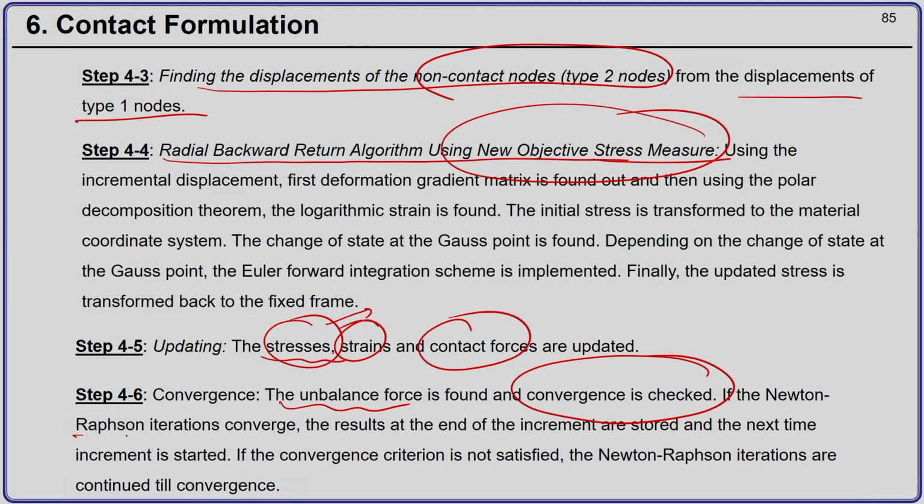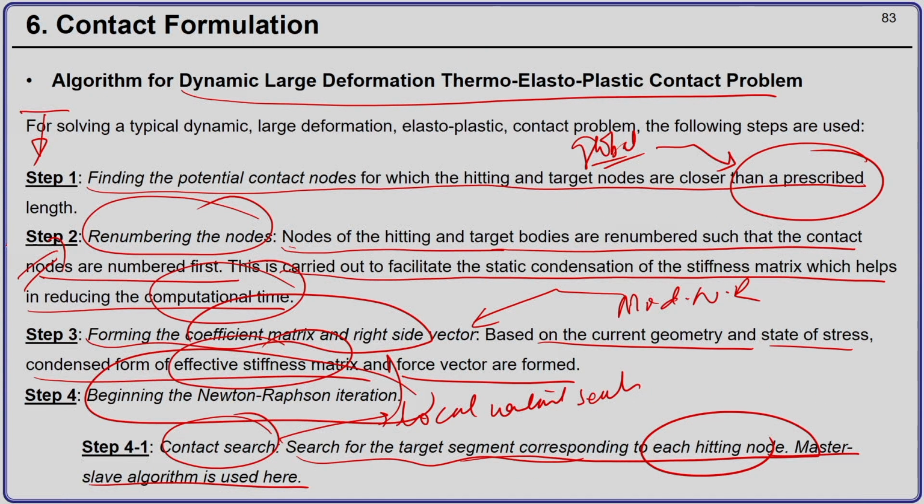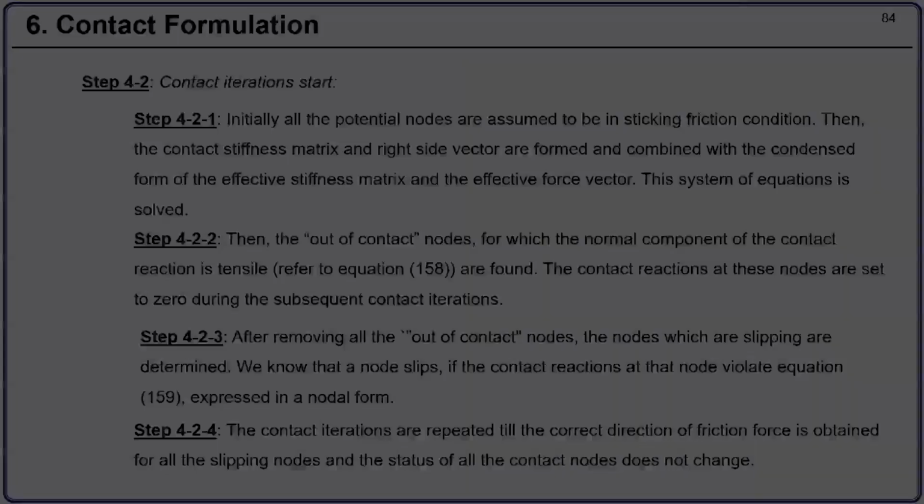If the Newton-Raphson iteration has converged, then we print the results at the end of the increment and we move to the next time increment. And if the convergence criteria is not fulfilled, then the Newton-Raphson iterations are continued till convergence, that is, we go back to step 4 and we restart the next Newton-Raphson iteration.